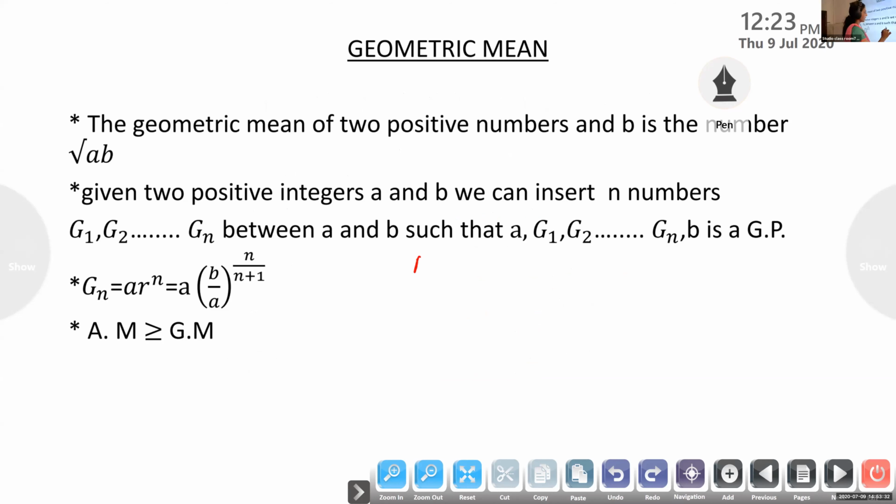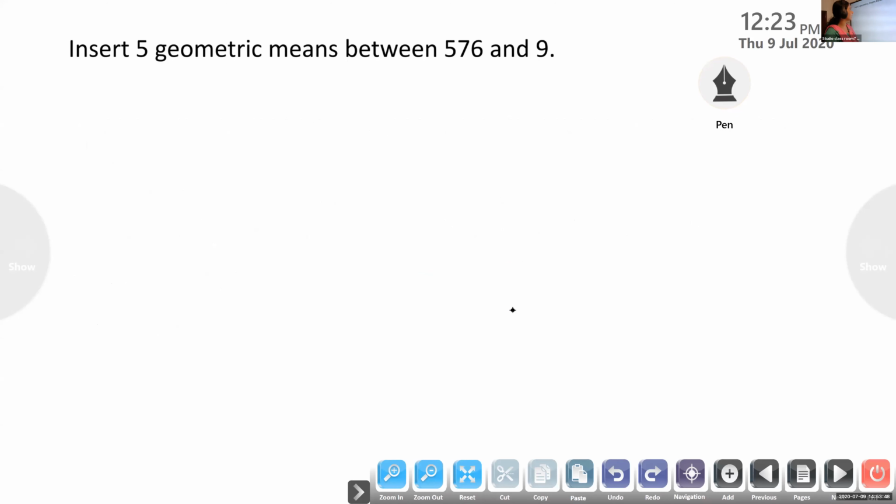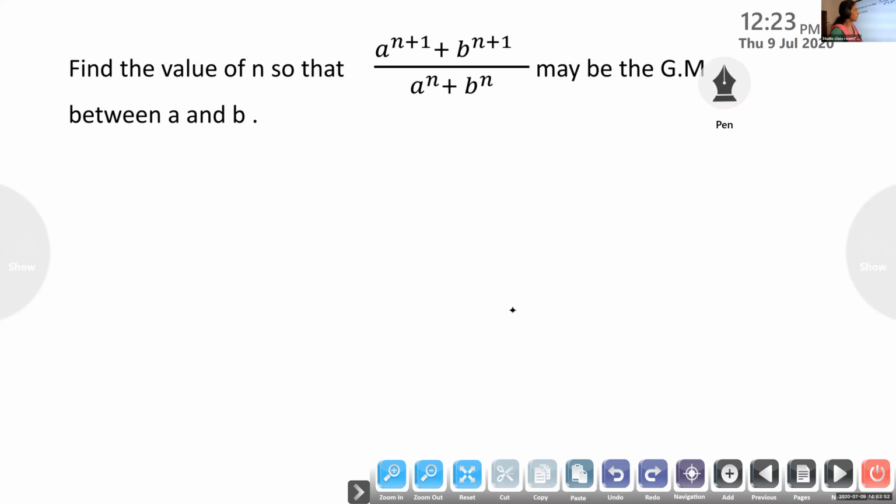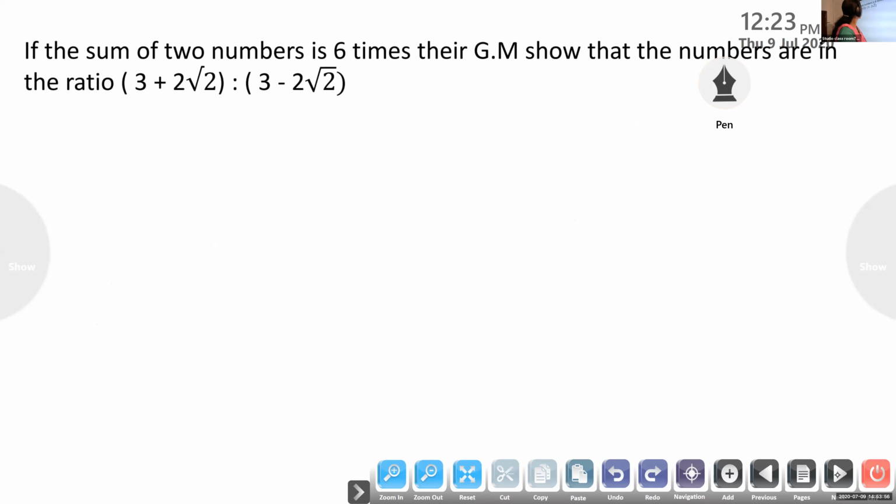Arithmetic mean is given by a plus b by 2, and the geometric mean is given by root of ab. Given two numbers a and b, we can insert n terms between them so that the sequence will become a geometric progression.